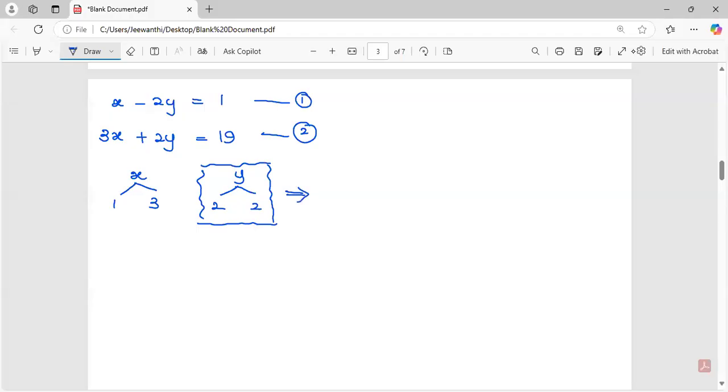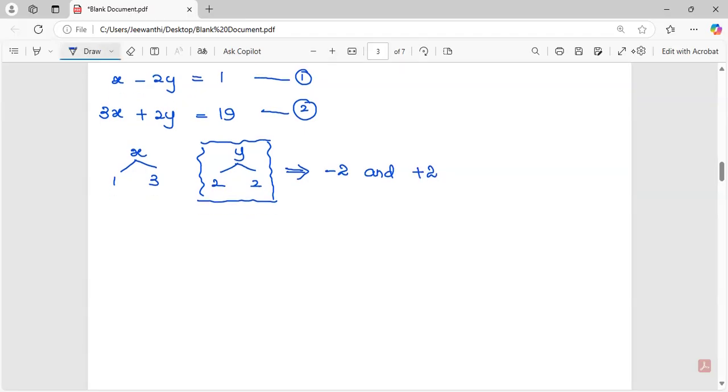And after deciding the eliminating letter, what's my next task? To look at the sign of the coefficient of the eliminating letter. So then here it is negative 2 and positive 2, right? So when we have different signs, what do we do?